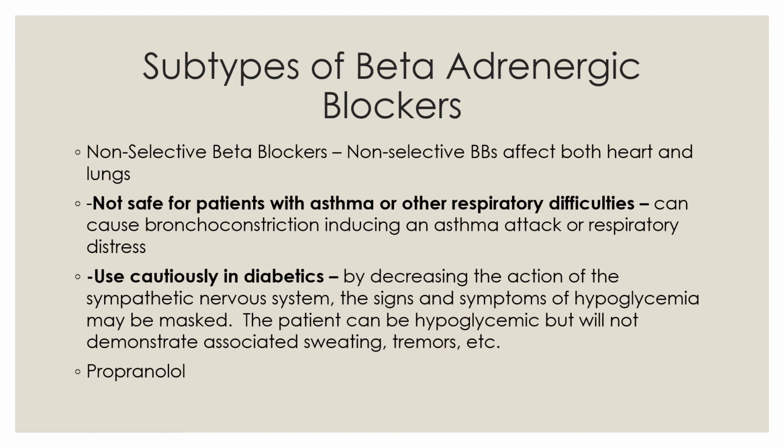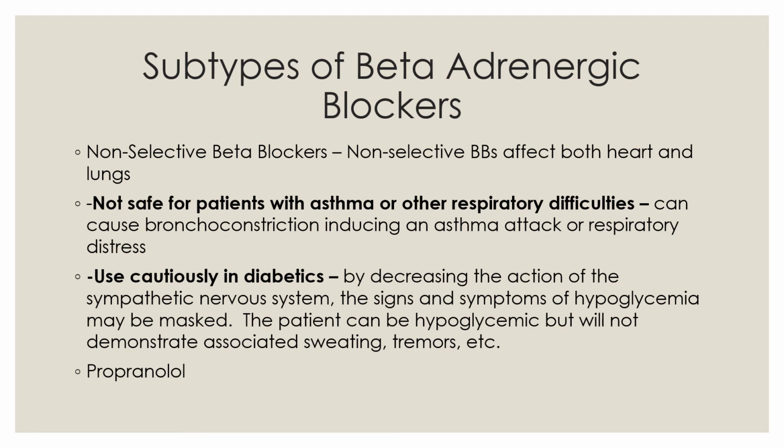We also have to use our non-selective beta blockers carefully in patients who have diabetes, because when somebody becomes hypoglycemic, they know they're hypoglycemic and we know they're hypoglycemic, typically because they become flushed, they sweat, they have tremors, and all of those are symptoms of hypoglycemia that are initiated by the sympathetic nervous system.